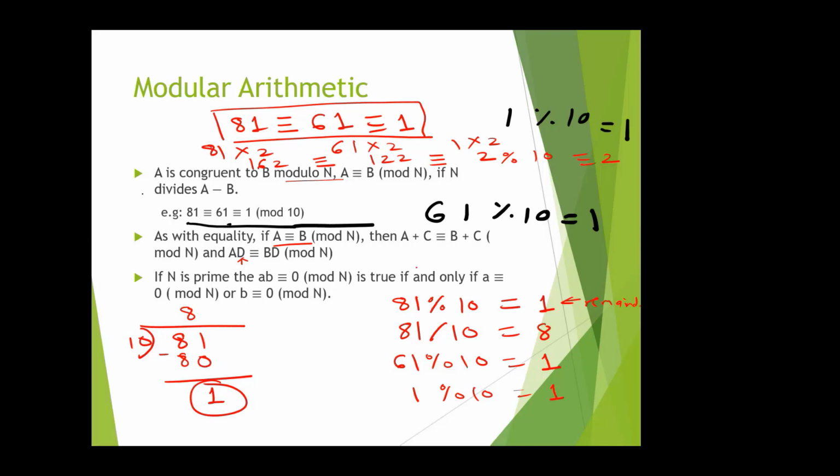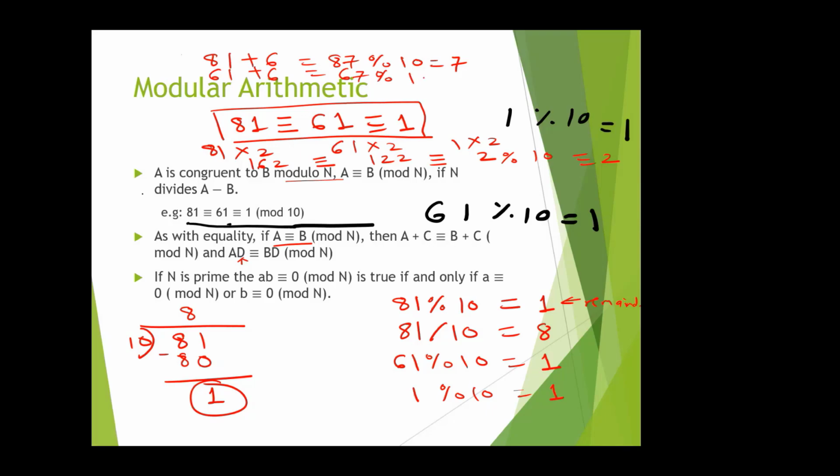Similarly, if I add a common number C to both A and B, for example, let's say that number is 6, for 81 we are adding 6, so we get 87. 87 modulo 10, we get 7. The same number I add to B, 61 plus 6, we get 67.